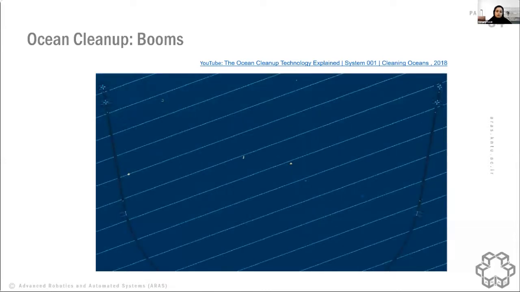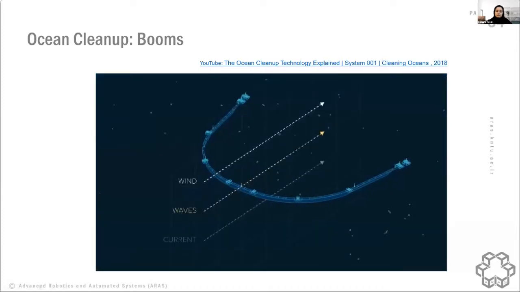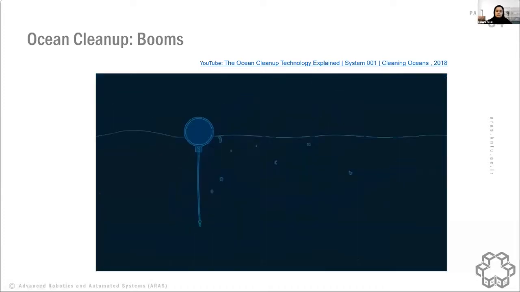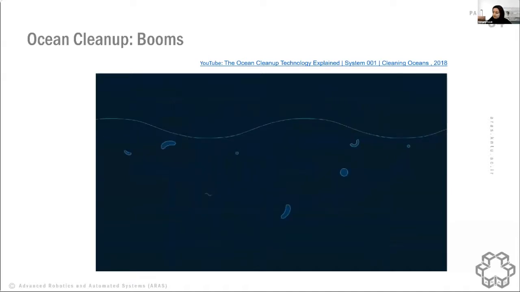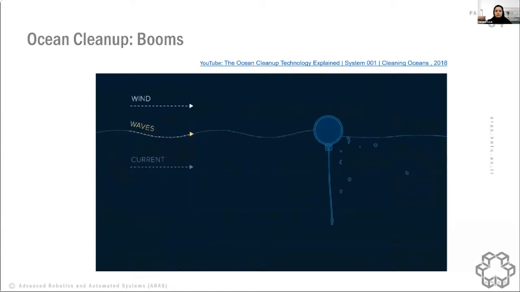The system takes advantage of natural oceanic forces: winds, waves and currents. Both the plastic and the system are being carried by the current. However, wind and waves propel the system only, as the floater partly sticks above the surface, while plastic is just beneath it. The system thus moves faster than plastic, allowing the plastic to be captured.